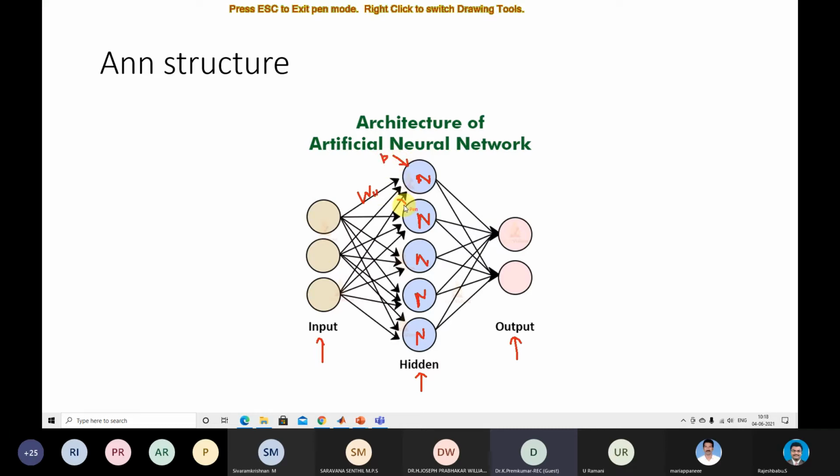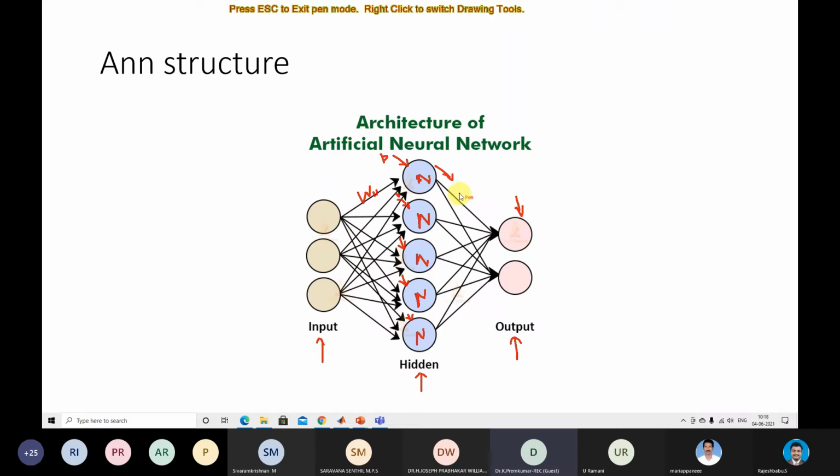Each neuron has some bias, according to the neural network structure. Each neuron also has an activation function, right? Based upon the activation function, it allows the output from that neuron. Then these hidden layer neurons are connected with the output layer neuron by links.